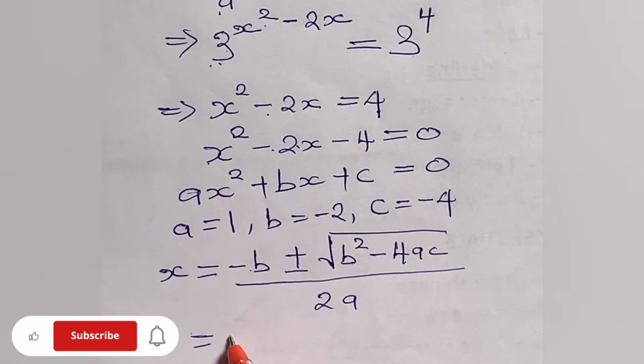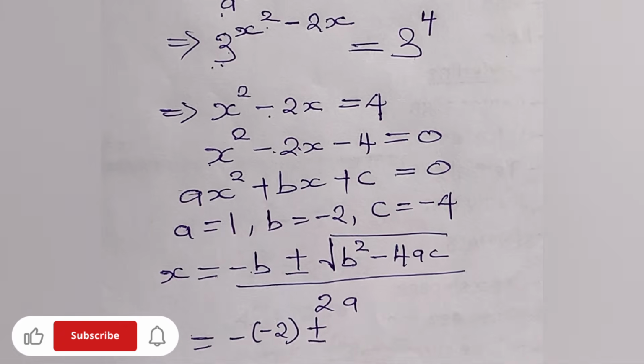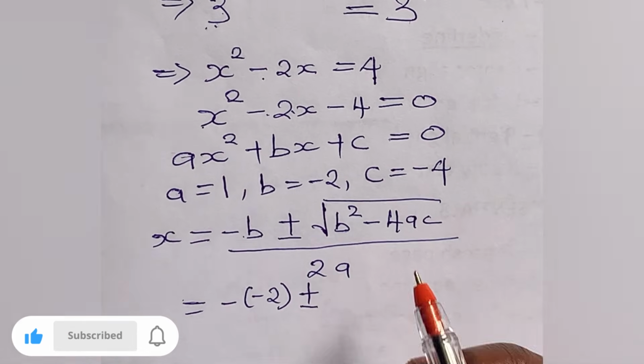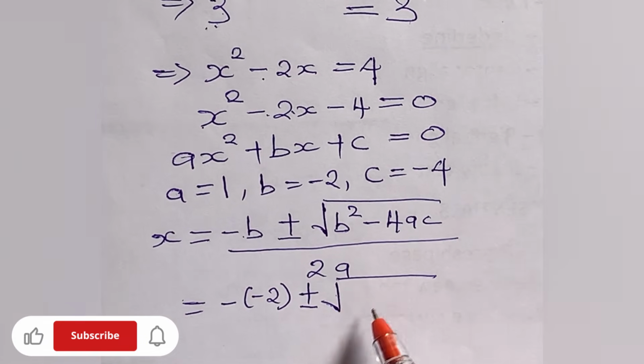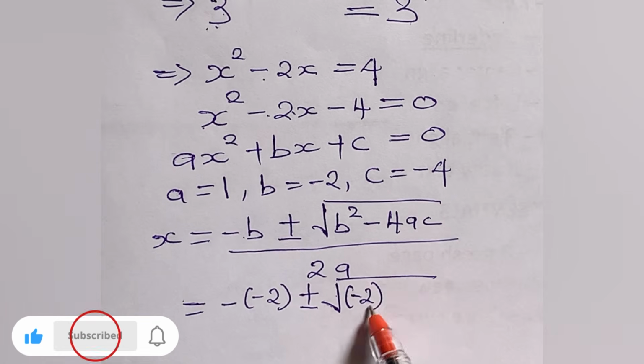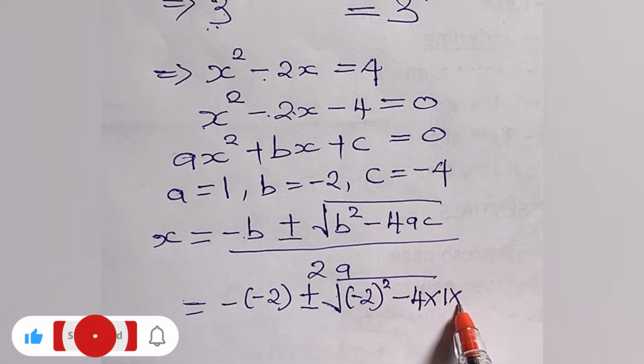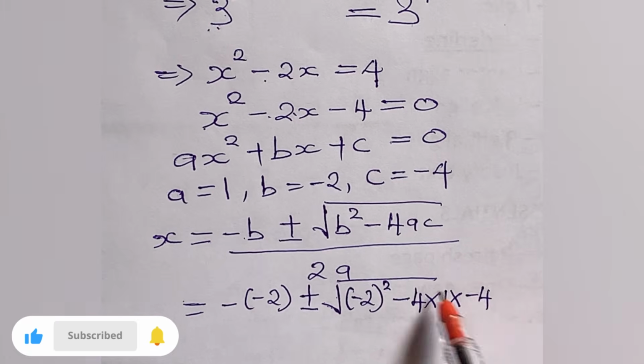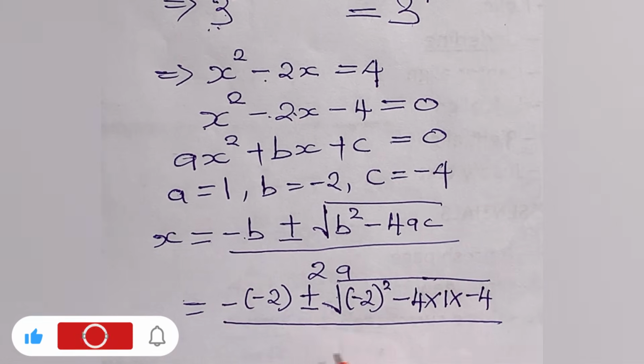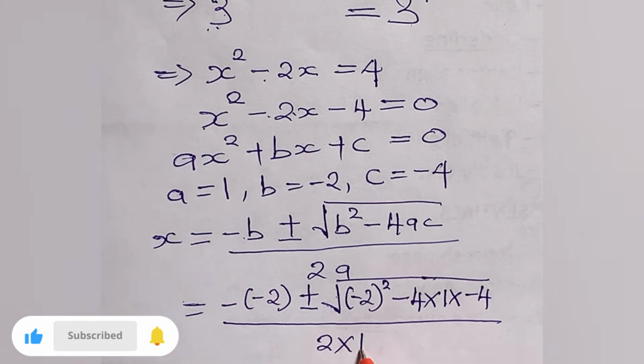So our b is negative 2, so we have: x equals minus negative 2, plus or minus root of negative 2 squared minus 4 multiplied by 1 multiplied by minus 4, all over 2 multiplied by 1.